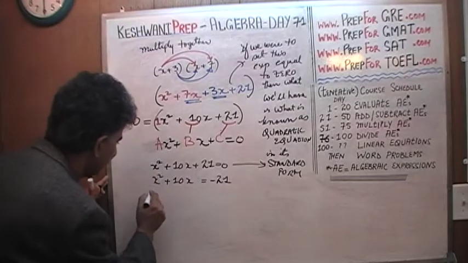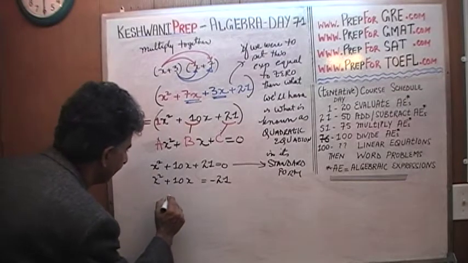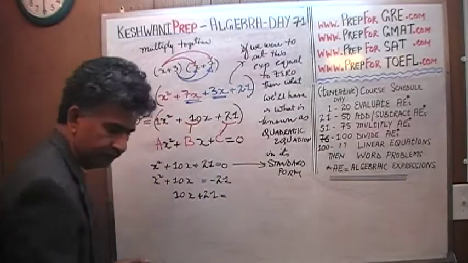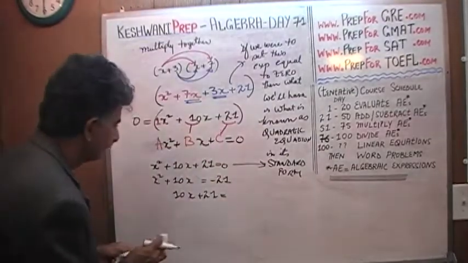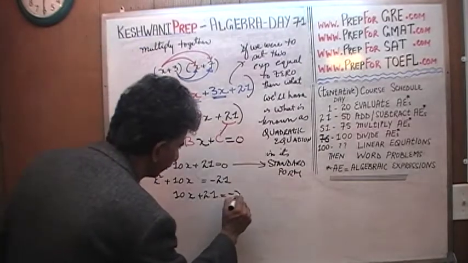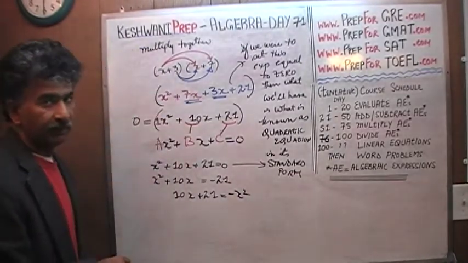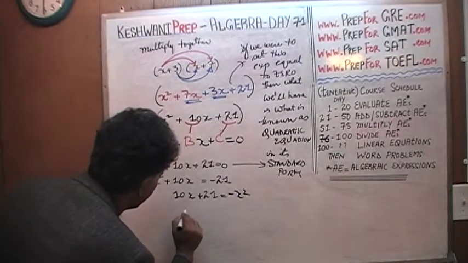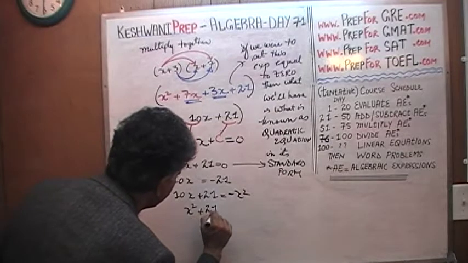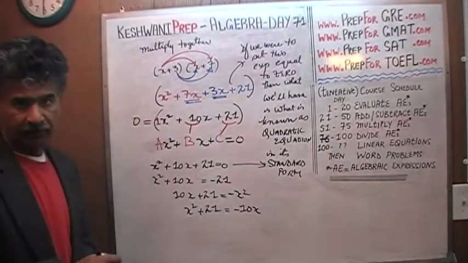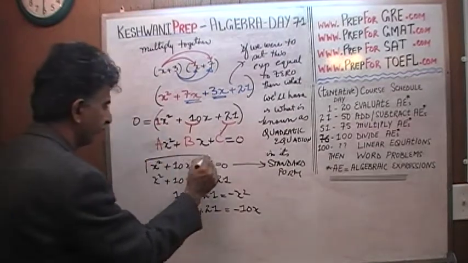If you were to write the same thing as 10x plus 21 equals negative x squared, it still is the same equation, but it's not in standard form. If you were to write this as x squared plus 21 equals negative 10x, it's no longer in standard form. Only this one is in standard form.